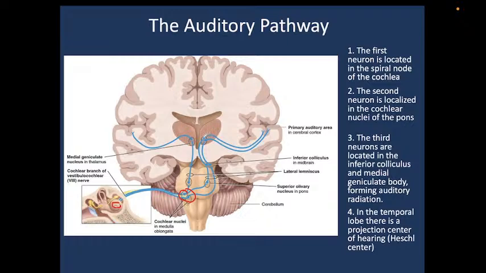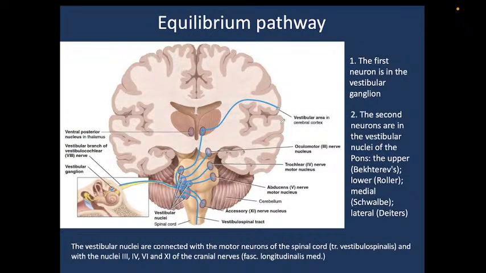Then the third neurons are located in the thalamus, and the projection center is located in the temporal lobe of the cerebral cortex. Equilibrium pathway.